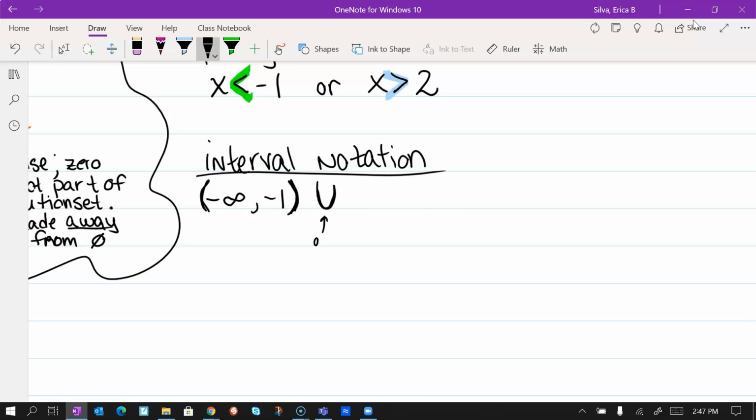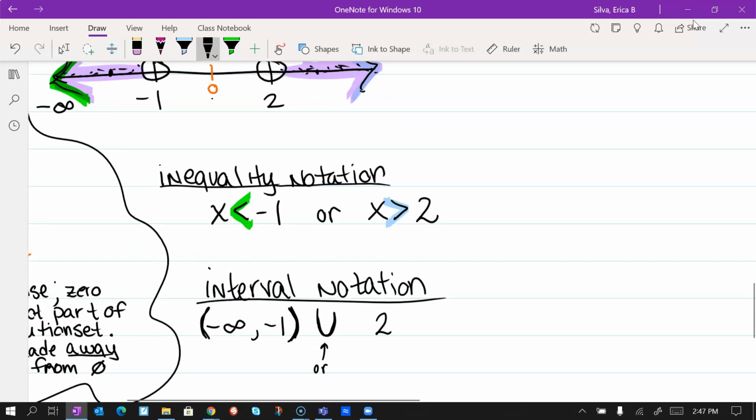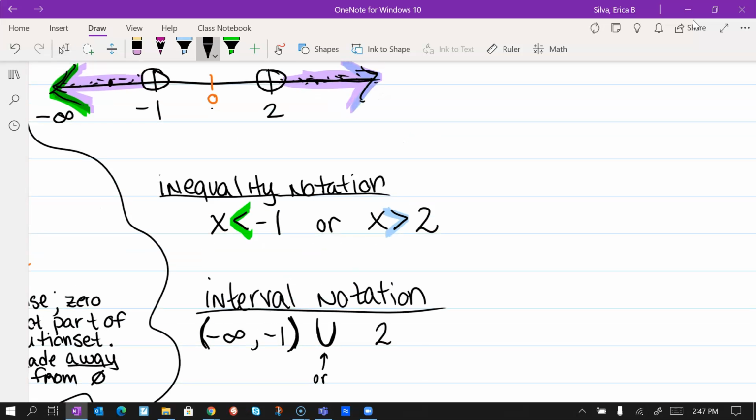So this means or. And now the other one for the 2. We're going from 2, and then the arrow takes us to +infinity. For the 2, it's an open circle, so we're going to use parentheses. And then infinity, what do we always use for infinity?